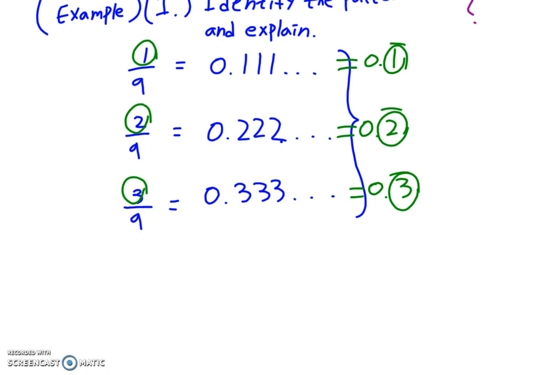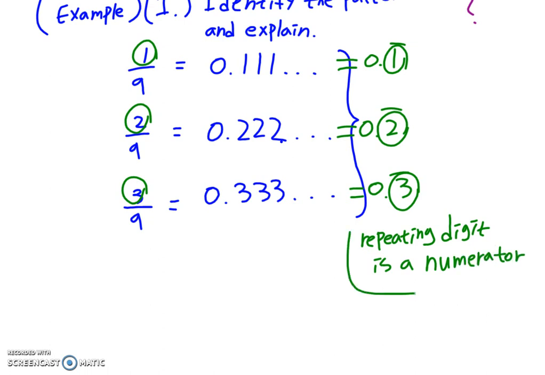You may notice that the repeating decimal or repeating digit is the numerator. That is one of the patterns that we can describe from this number expression, and this is an arrangement that we can even predict the outcome.